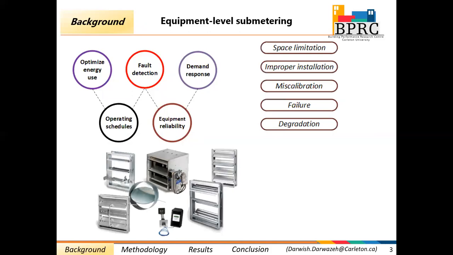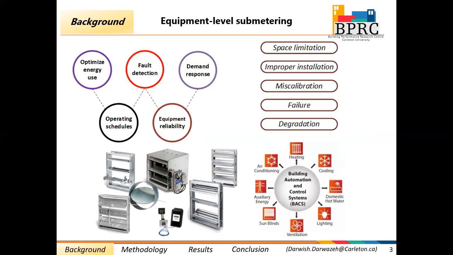Moreover, physical meters are subjected to issues such as space limitation, improper installation, failure, and degradation over time. Virtual metering overcomes these issues by using available data from a building automation system and provides insights into unmeasured quantities at no additional cost.